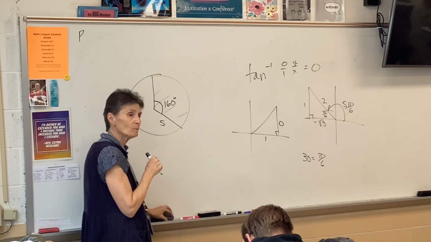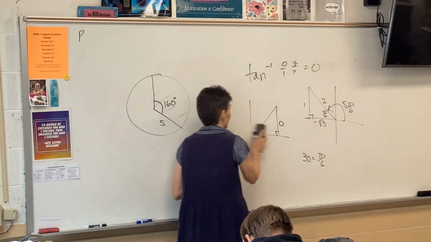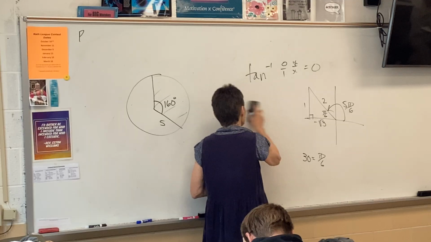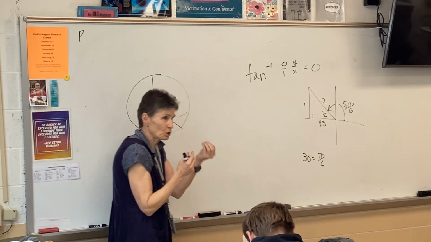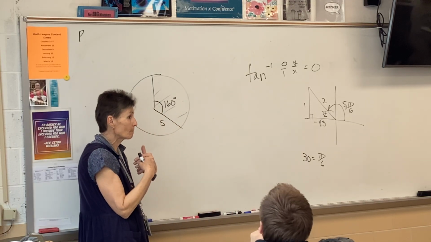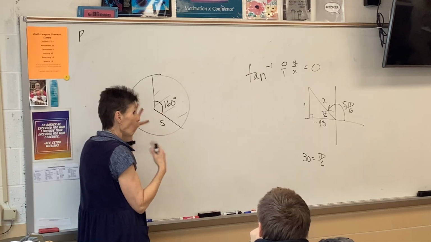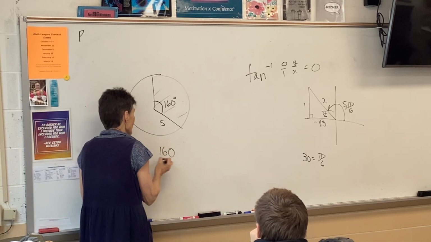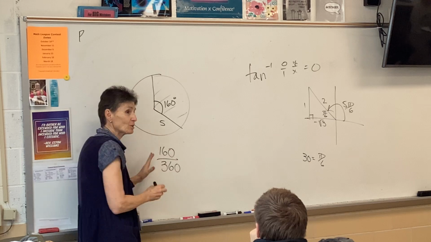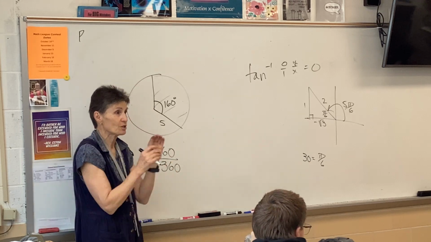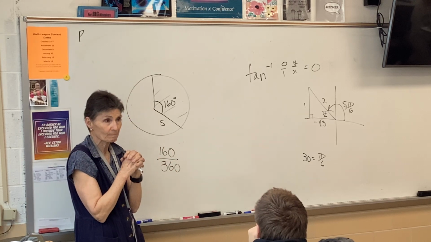Does anybody remember what we did yesterday? We have to figure out what fraction of the circle is shaded. So the whole circle is 360. So this is the fraction of the circle that's shaded. Would you agree with that?